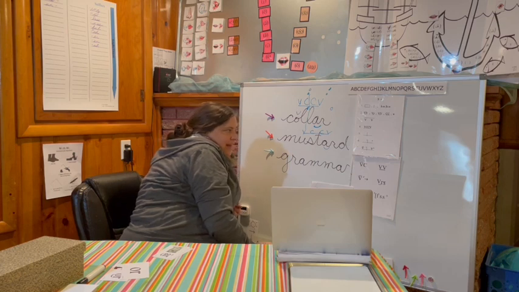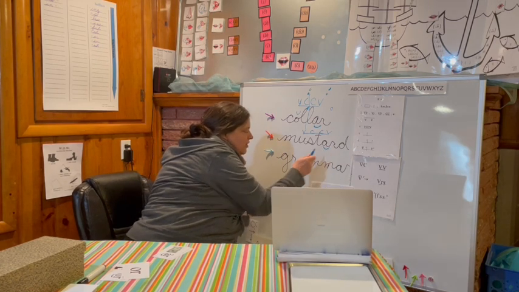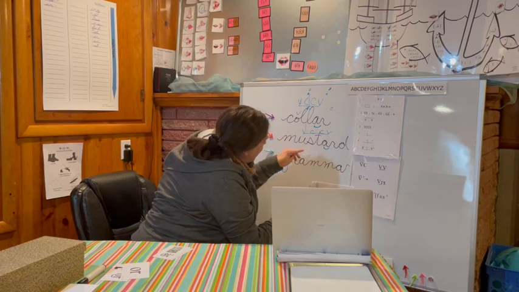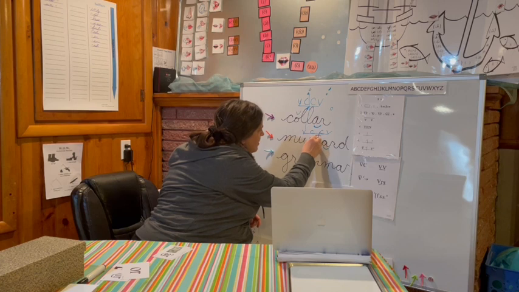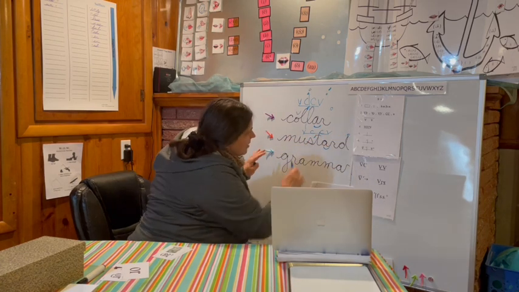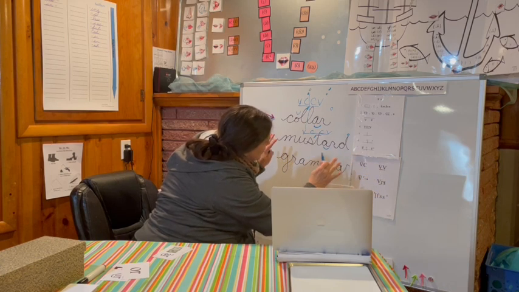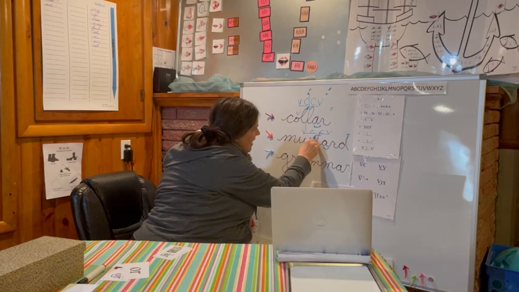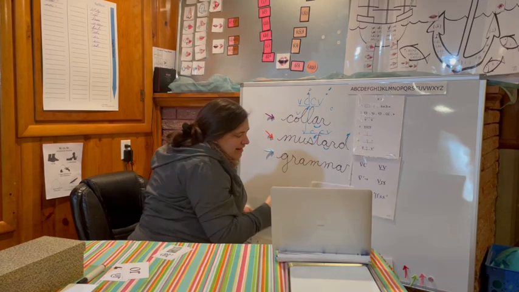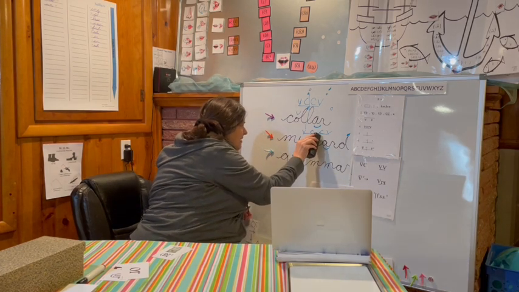Now we have to figure out where the accent goes, right? Now, we remember the rule. On the left side of your page, put the accent on the first syllable. And then on the right side, you have the word mustard on both sides. So on the other side, draw it the other way around. Make it so that it's not accented here, but it is accented there. And that way you can try saying it both ways and see which way sounds right. Does that make sense?